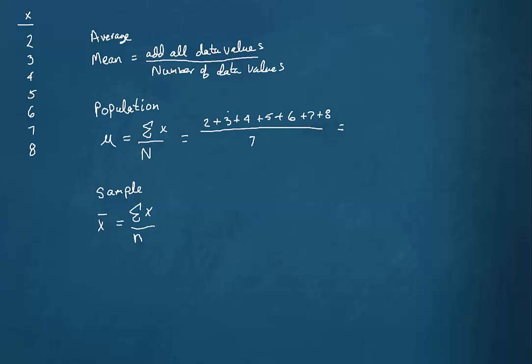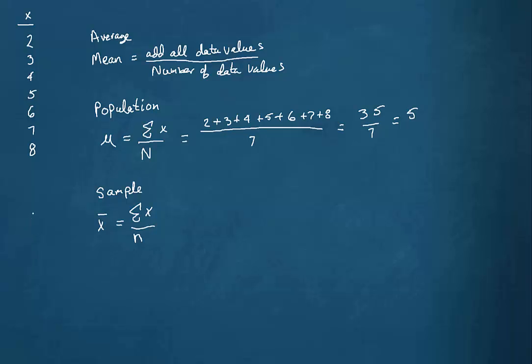So this sum then turns out to be 35, and when we divide that by 7, we're going to come up with 5. So this mean then would be 5.